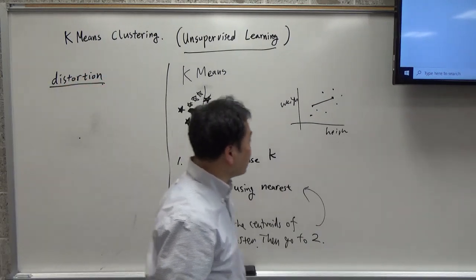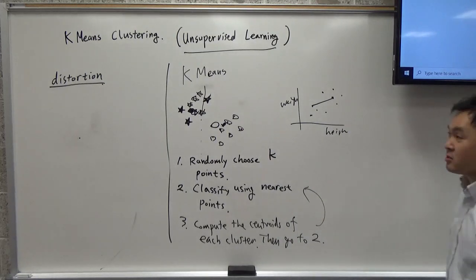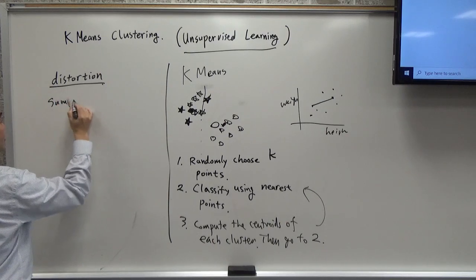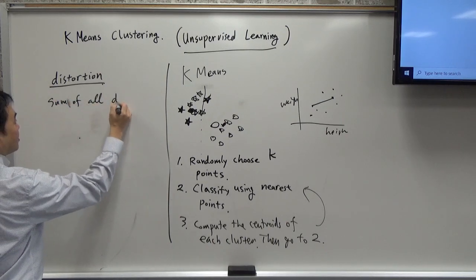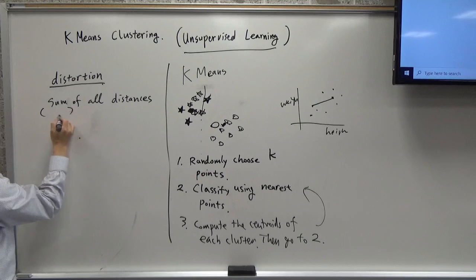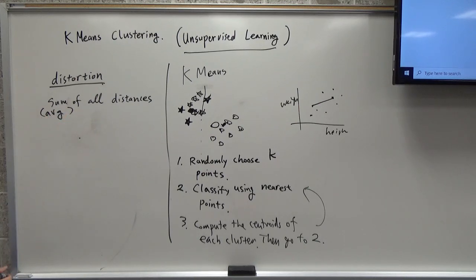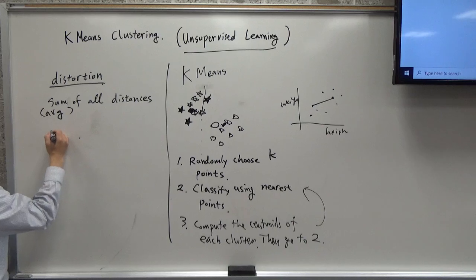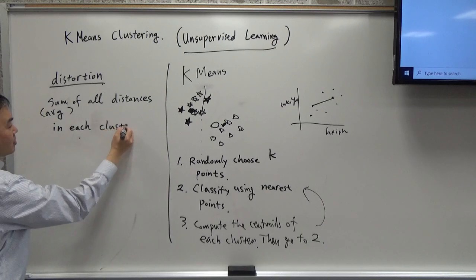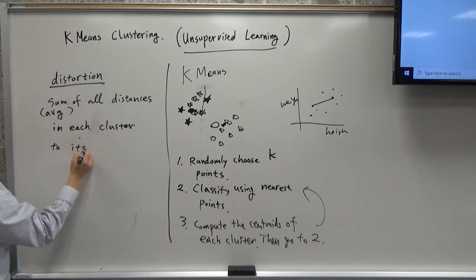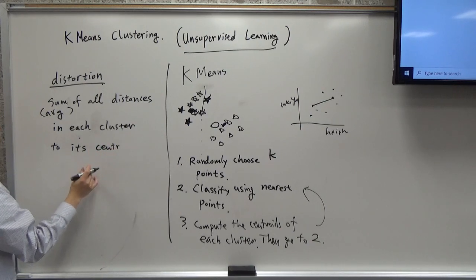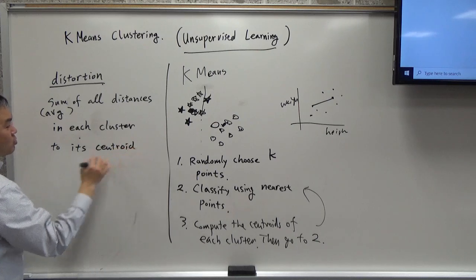And the distortion score is simply a sum of all distances, or could be averages, in each cluster to its centroid. It's the centroid that was used for classification.